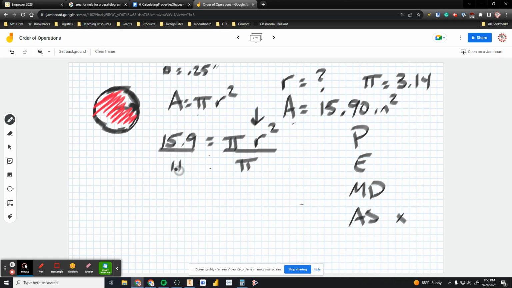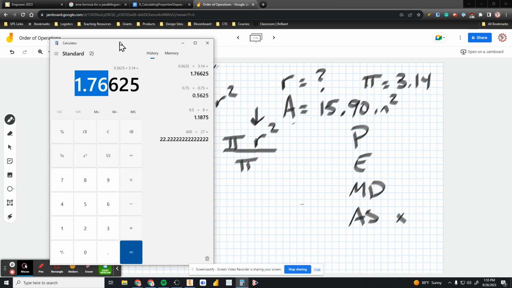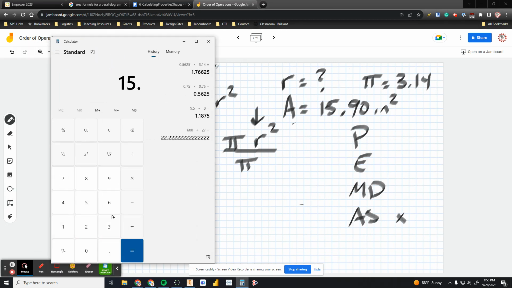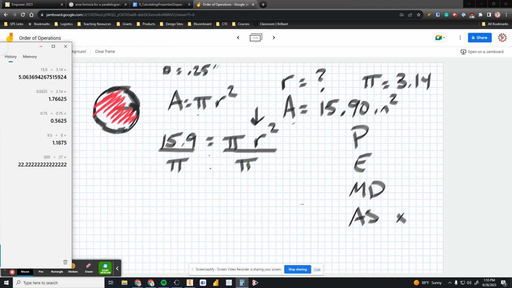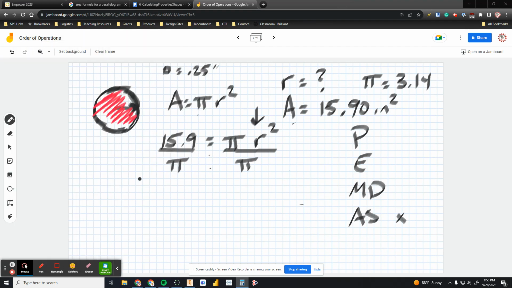So we take 15.9 and divide it by pi. So that's what I'm going to do. 15.9 divided by 3.14, which is a little over 5.1. Okay, so 5.1 is equal to r squared.